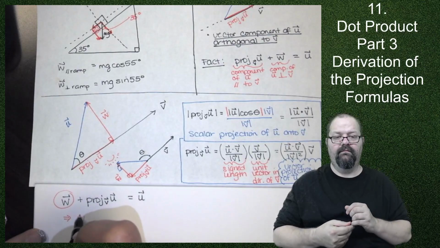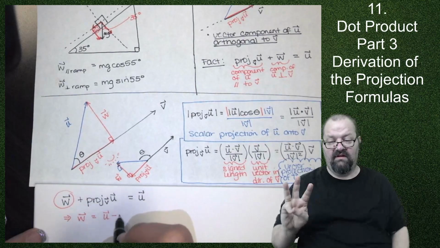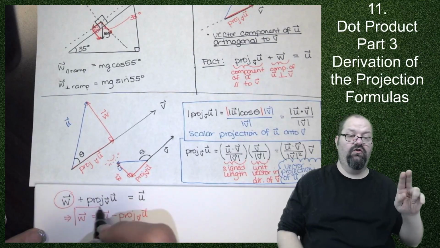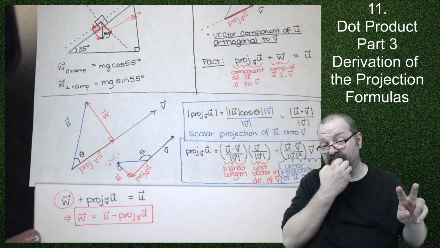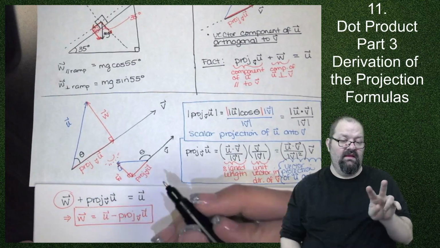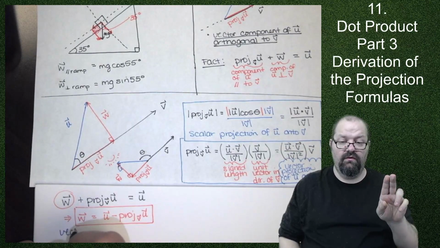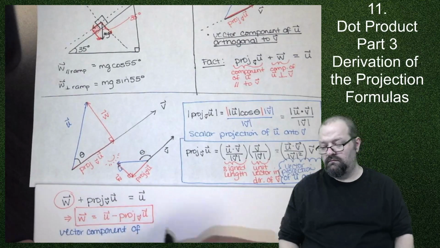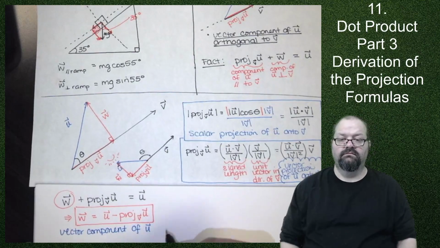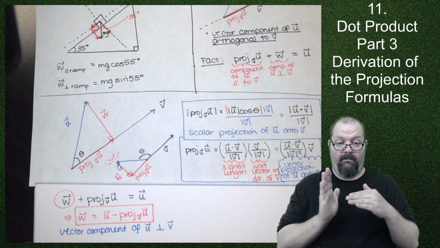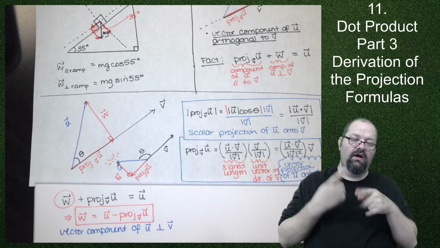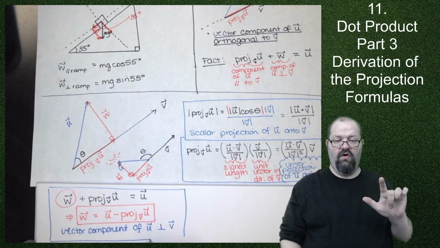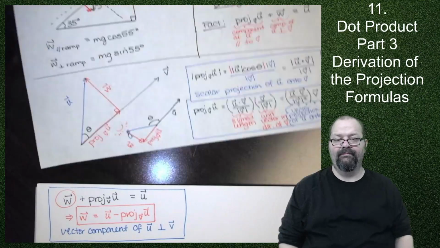So we're going to have W equals U minus the projection of U onto V. And this is the vector component of U perpendicular to V, or since we're talking about vectors, we're going to say orthogonal to V. We're still going to use that little perpendicular notation from geometry class from high school.